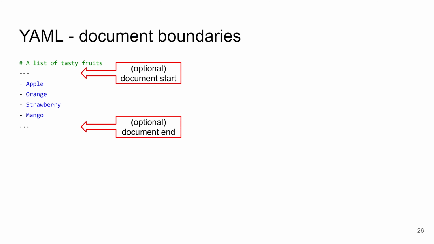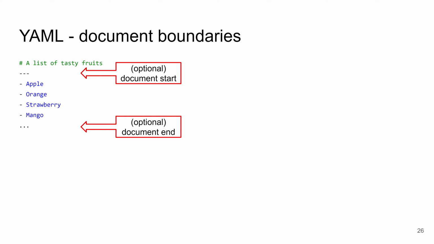A new thing in YAML is document boundaries. Here you can see 3 dashes which denote the document start, and also at the end of the document 3 dots which say the document ends.